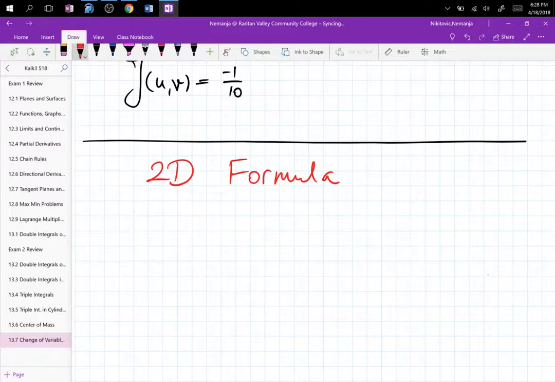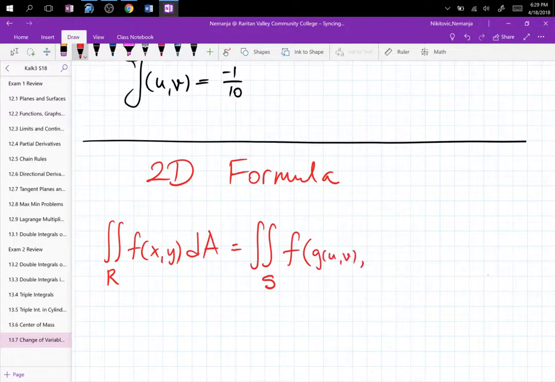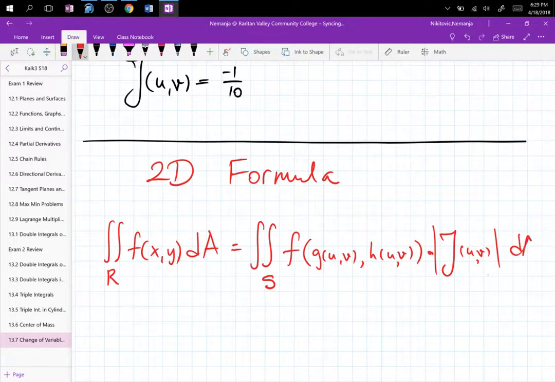So the integral you want to transform, the double integral in x and y, dA, will become the double integral over the transformed region S. Your function will now be transformed through u and v as well, times the Jacobian of u and v, in absolute value, times dA. So this is your formula.